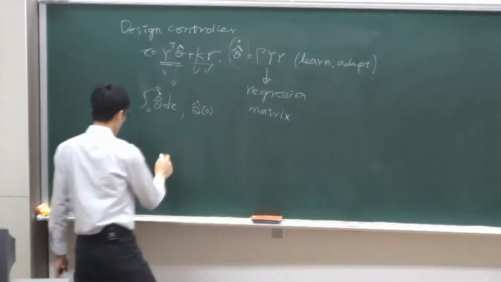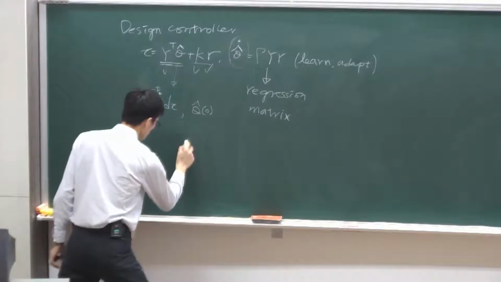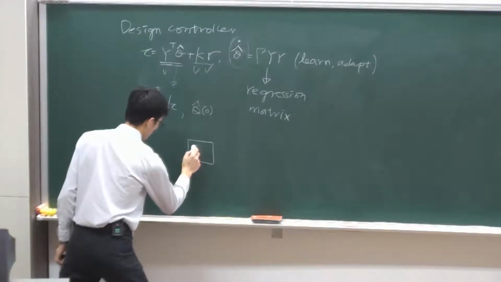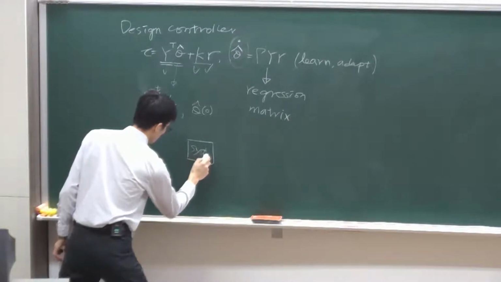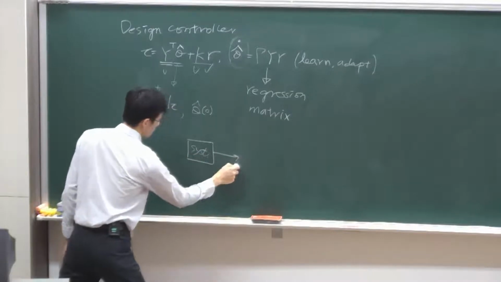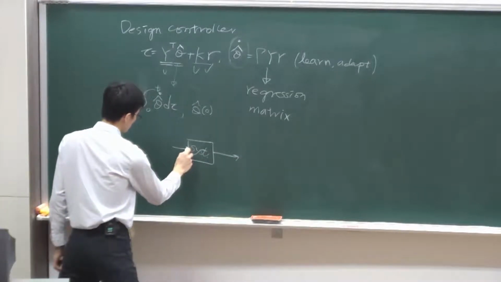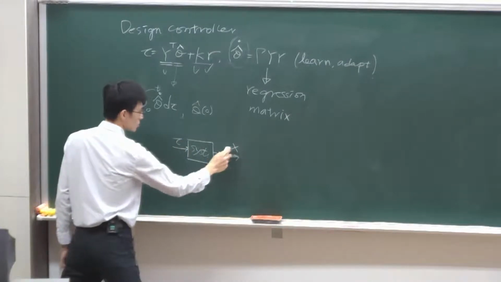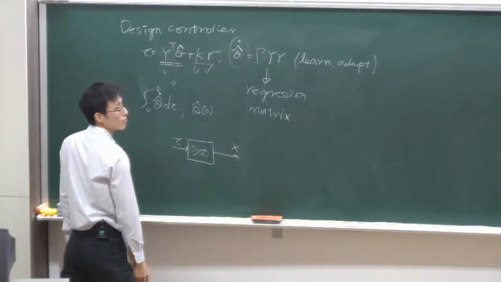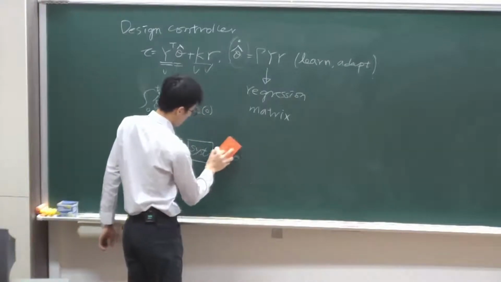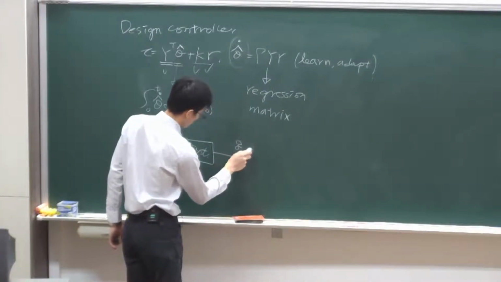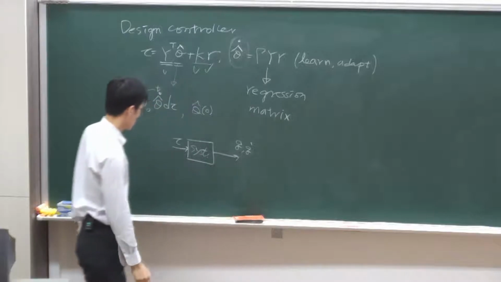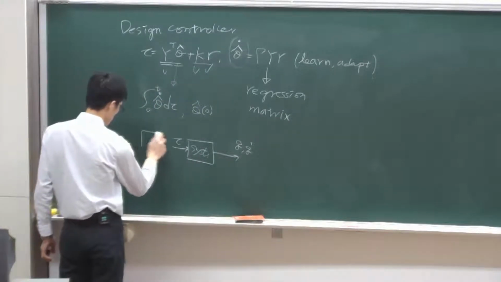So in the block diagram, this is the system, and it takes the input and generates the output, which is Q and Q dot. And here's the controller.